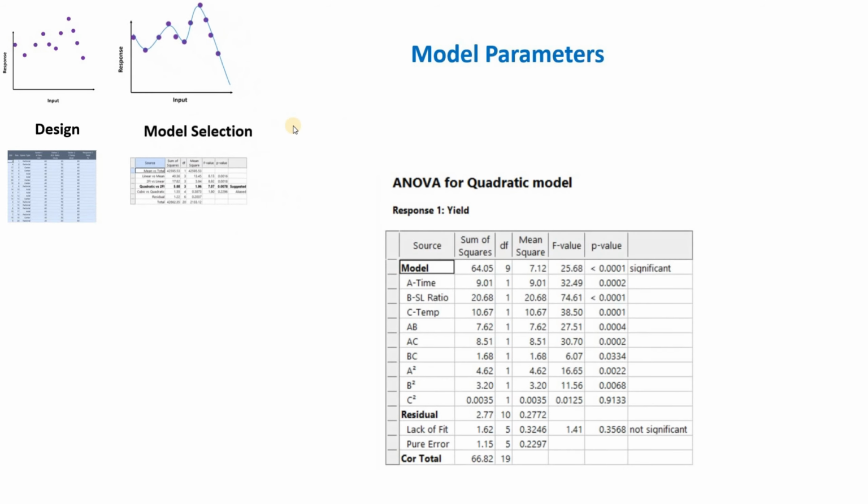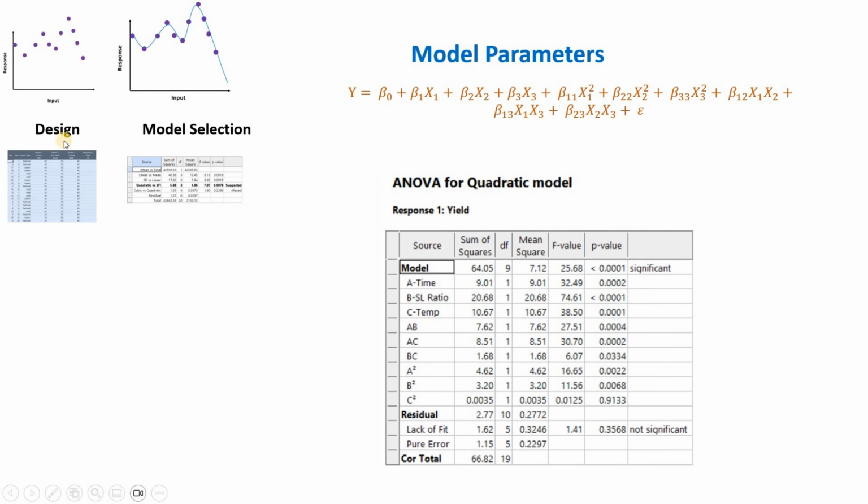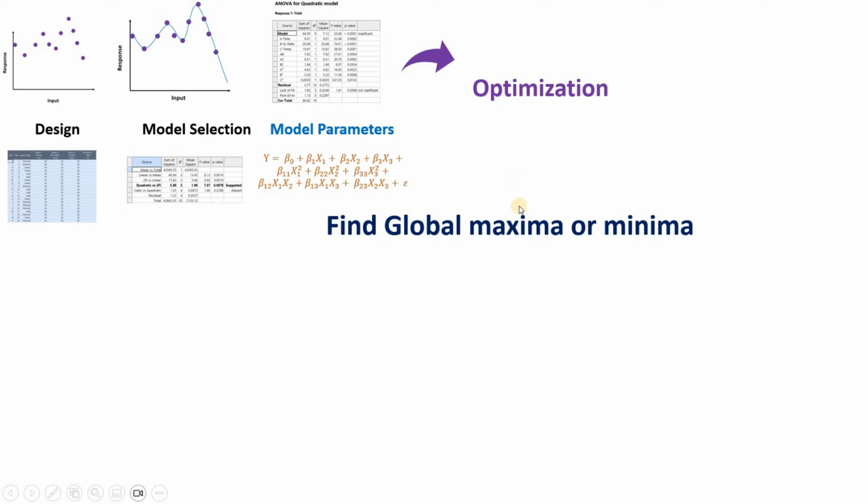Once you select a particular model for your design, an ANOVA table will be given, which shows the significant impact of each coefficient of that model. The next step the software does is use this fitted model equation to optimize. What will optimize do?